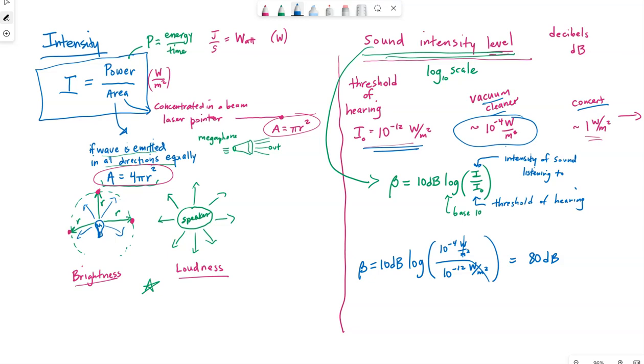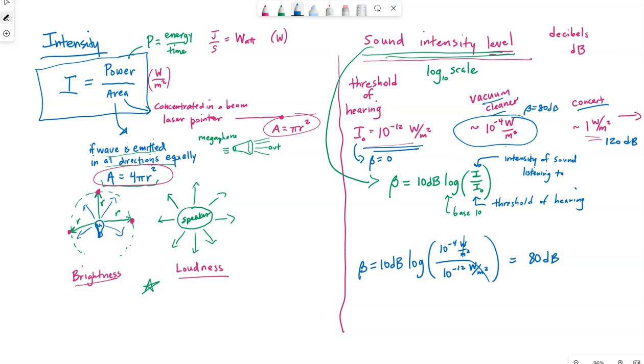If we were to plug in this I naught, this would be a sound intensity level of 0. This one ends up being the 80, we just calculated that. If we plugged in 1 as our intensity, we get 120.